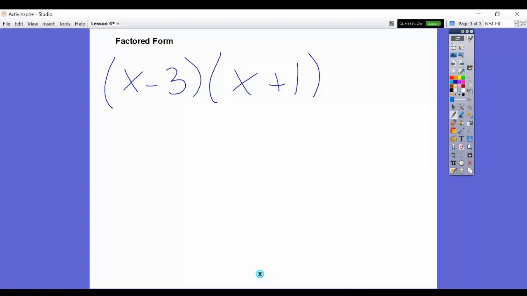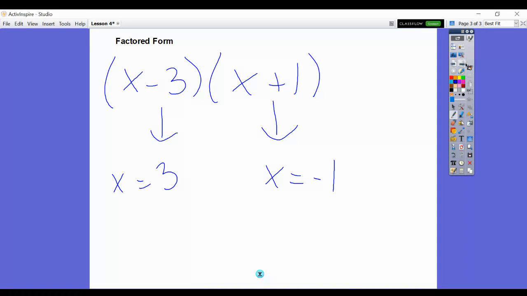Those are my two numbers, which then means my solutions are the two numbers that give me 0. So the only way the first one works is if I use a 3, because 3 minus 3 equals 0. And the second one, I would have to pick a -1, because -1 plus 1 equals 0.